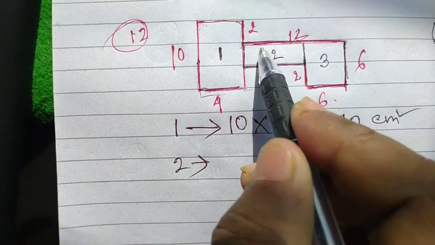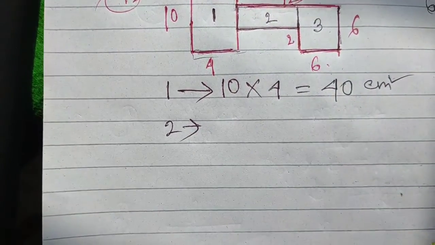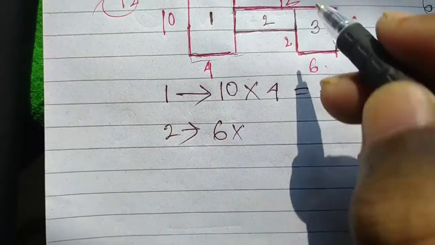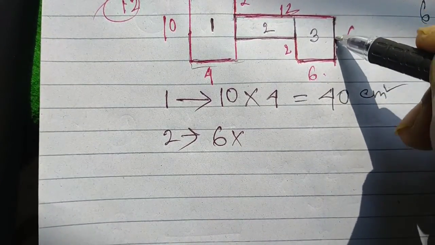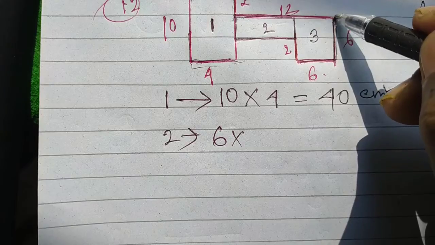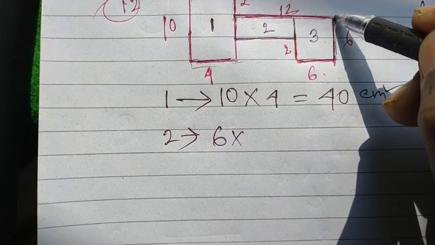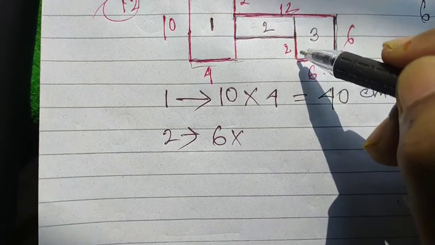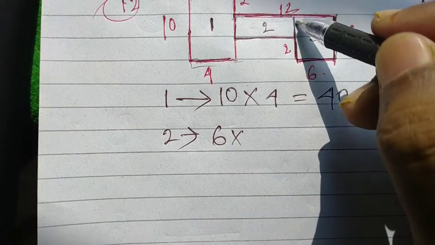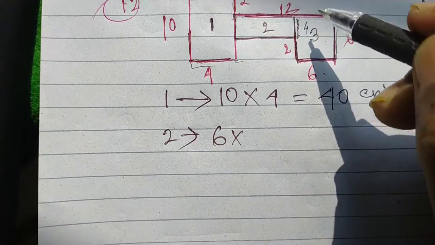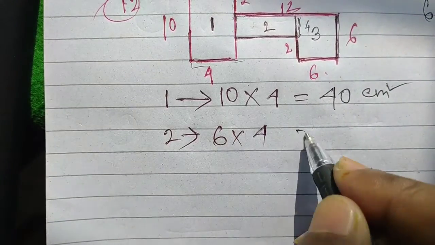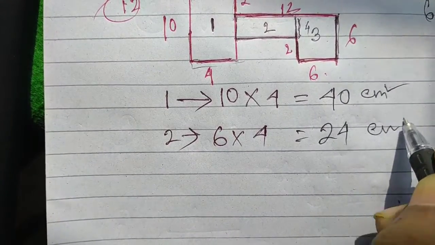So it will be again 6. So here 6 into, now breadth. So this length is 6, and here given this length is 2. So this length will be 4 centimeter. So now 6 into 4, that means 24 centimeter square.